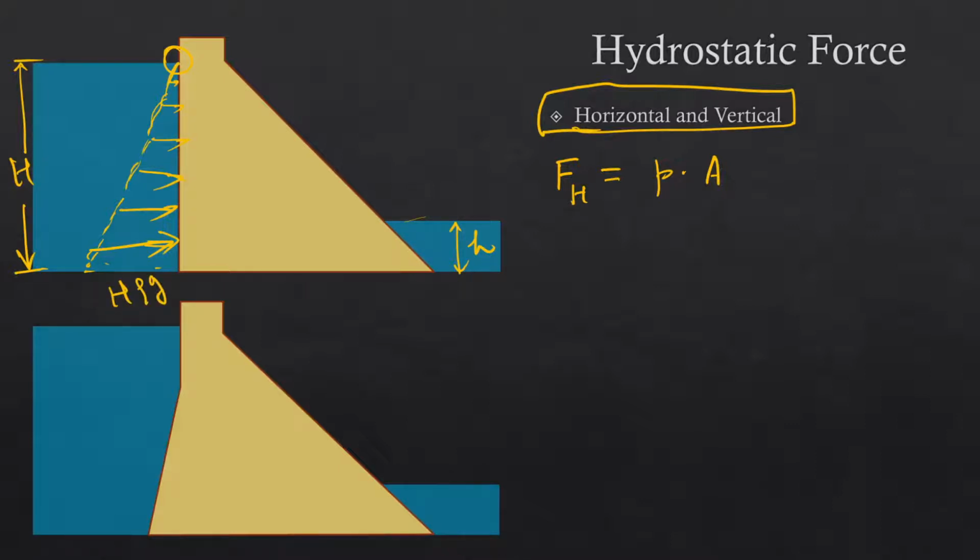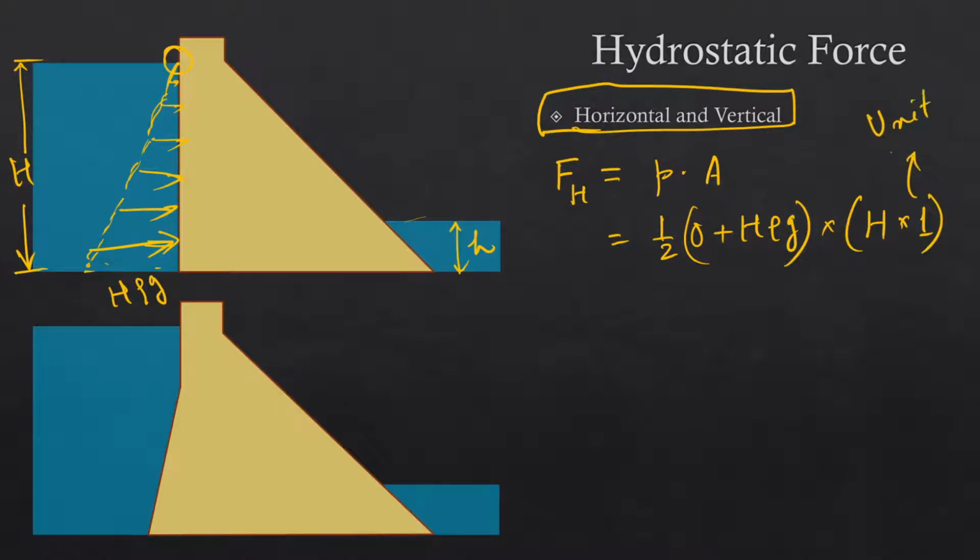So that will give us half of the sum of 0 and H rho g. Then the area will be equal to H multiplied by 1. This 1 is because we are considering unit length of the dam.